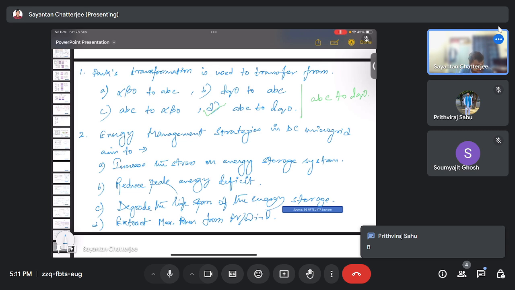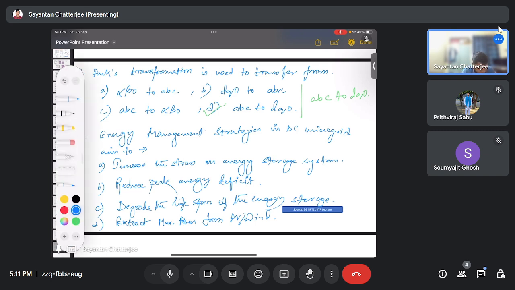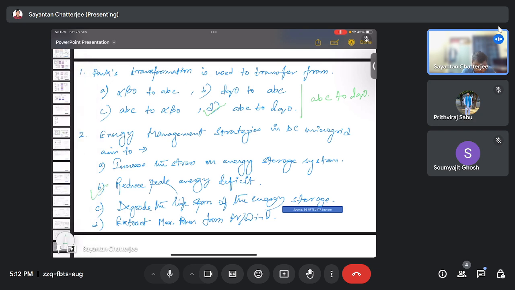B. Reduce peak energy deficit. Okay. Yes, this is the correct answer. Yes, this is the right answer.